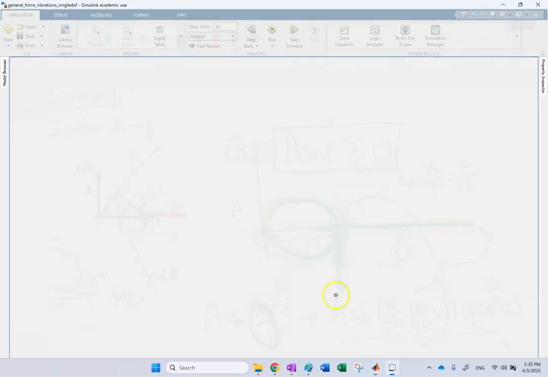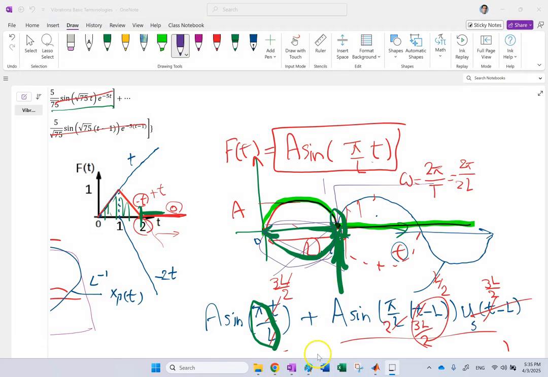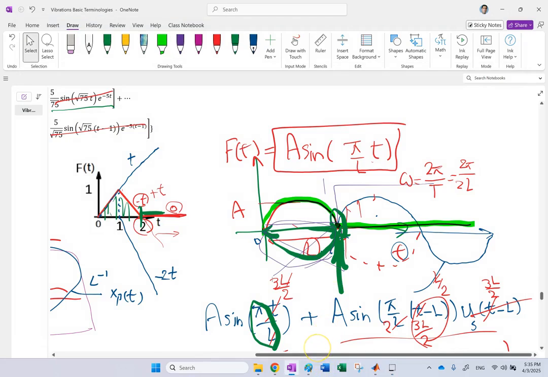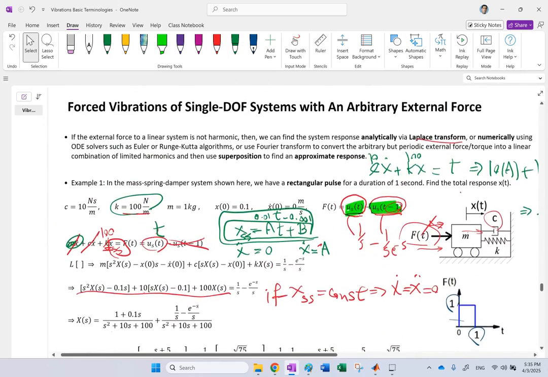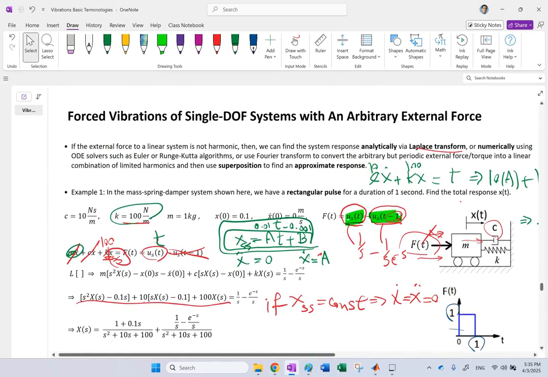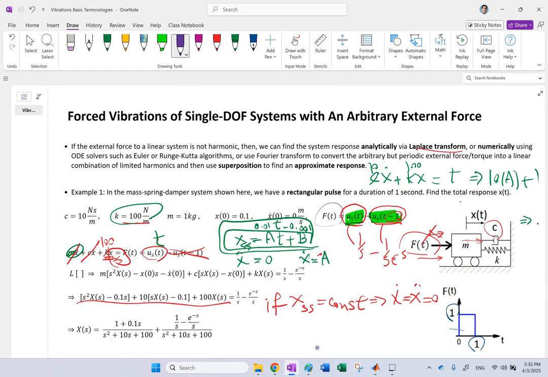Okay? One last thing I want to mention before I stop the video is many people say you can get the solution by convolution. You can convolve the f of t, right, by what we call the impulse response of the system, which is basically the Laplace inverse of your transfer function.